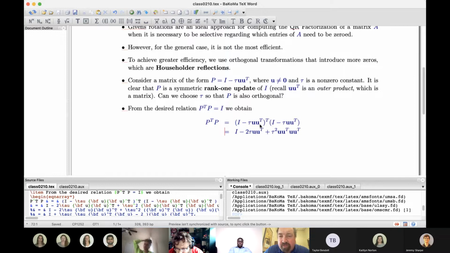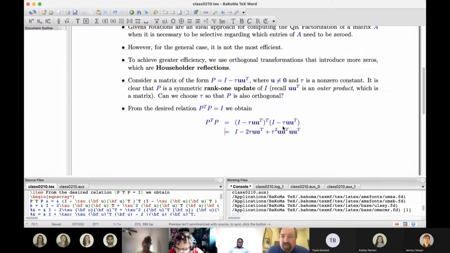If I take the transpose of UU transpose, remember, the transpose of a product is the product of the transposes in reverse order, so it'll just be UU transpose all over again. We have these two terms that combine to give -2 tau UU transpose, and then we have this from these terms multiplied together.